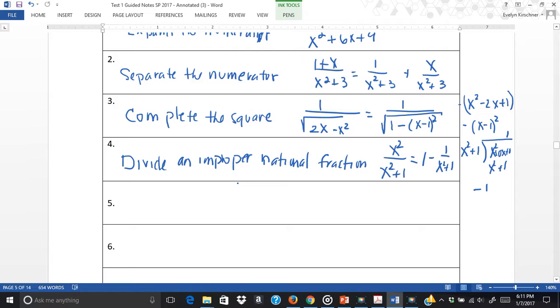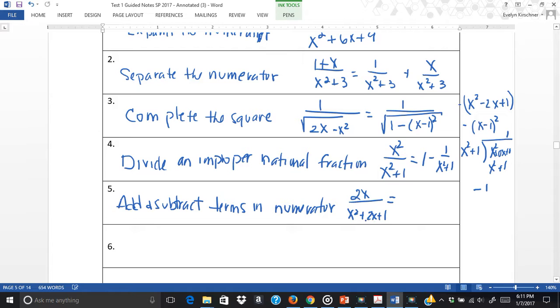Inverse trig comes up a lot here. Okay, I may want to add and subtract the same term in the numerator. And let's say I had 2x over (x squared plus 2x plus 1). I see that if I added something here, maybe I could use substitution.